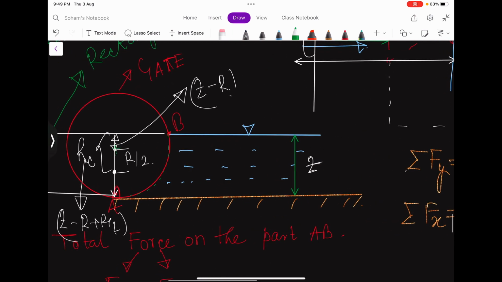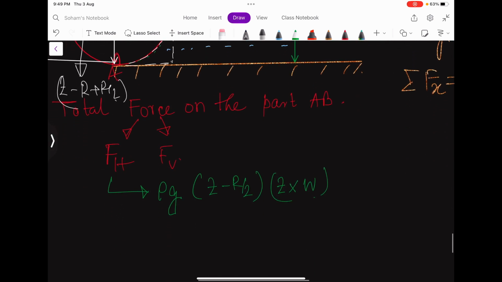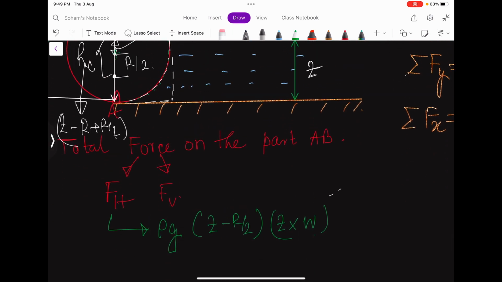So you are bound to consider this surface, this form, this imaginary fluid mass.